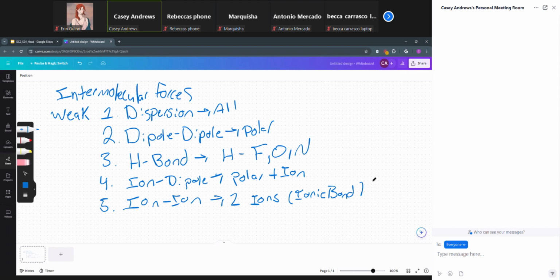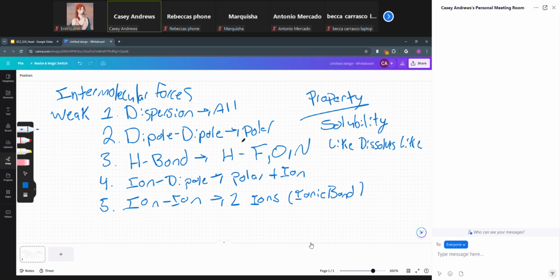The last topic that we talked about on Tuesday was looking at some properties. So the first property we looked at of intermolecular forces was solubility. Remember, the phrase we have here is like dissolves like.